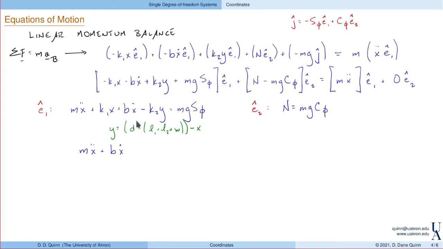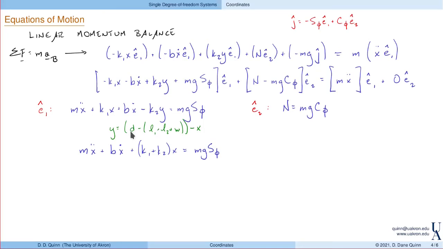I'll put the damping next. I'm going to put the stiffness terms next. So that's going to be K1, and then we'll have a K2 times x. And then on the right-hand side, we have mg sine of phi.